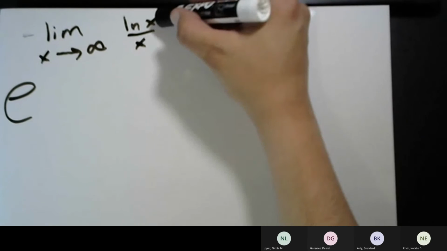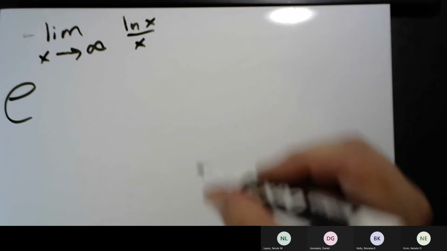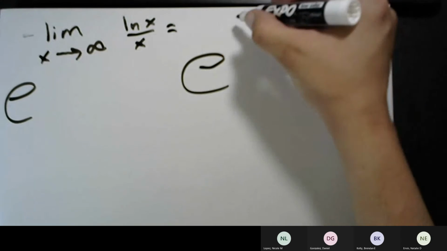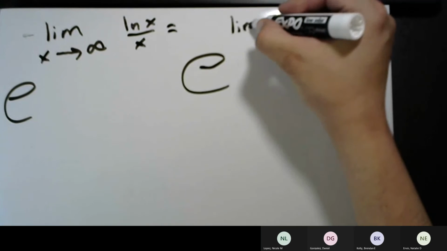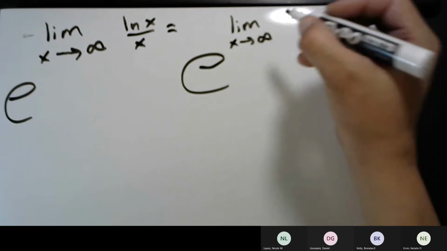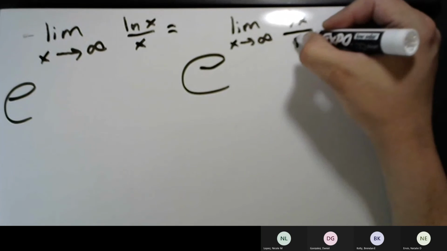Now again, this is going to be infinity over infinity. So what that's going to mean is we'll take the derivative. We're going to use L'Hopital's rule. This will be 1 over x. This will be 1.